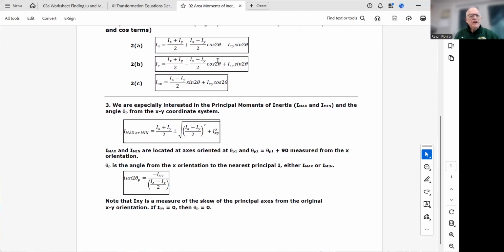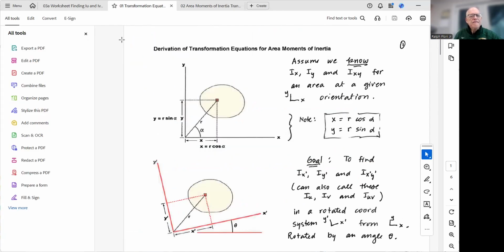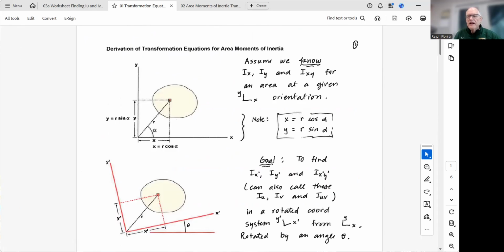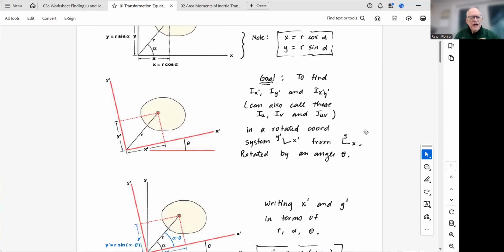So this is a review of the equations. If you go back to the derivations, and I'm not going to go through it completely here, I'm just going to point out a couple key things again. So again, for an arbitrary area, we defined a dA, we defined an x and a y in terms of angle theta, or in terms of angle alpha. We rotated these axes some theta. We defined an x prime and a y prime.